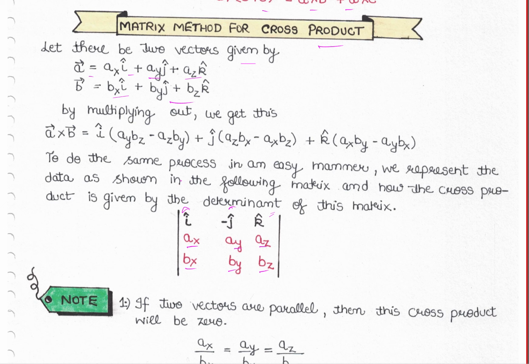Simply, we can multiply this using matrix multiplication. We get A cross B is equal to i cap into (ay bz minus az by) plus j cap (az bx minus ax bz) plus k cap into (ax by minus ay bx).